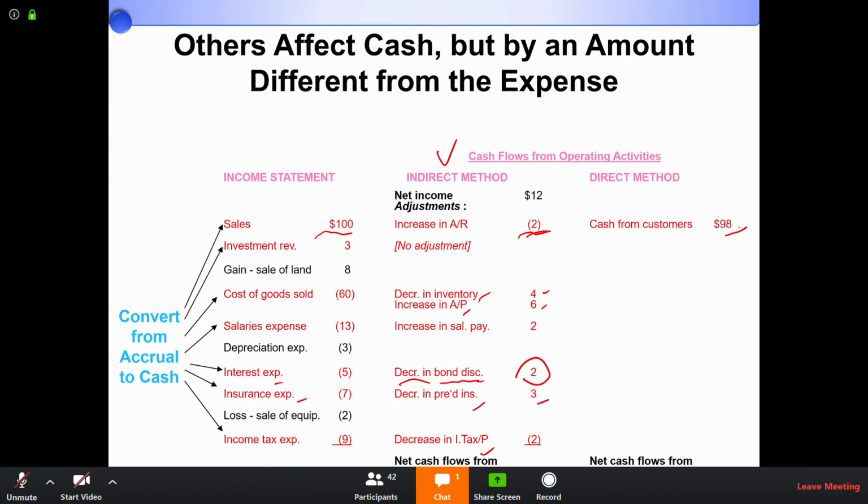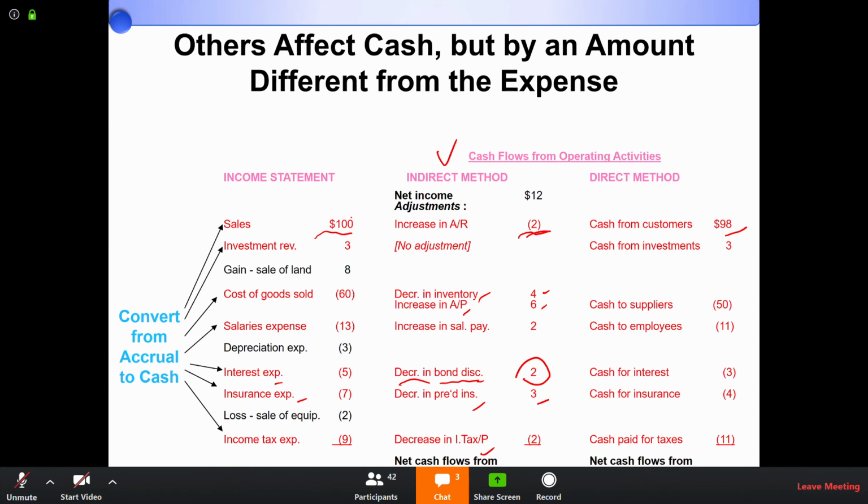We debit cash for 98, and for the increase in the asset, we also debit 2 to accounts receivable, and then we credit sales revenue for 100. That's the summary journal. Similarly, the remaining items are just summary journals.